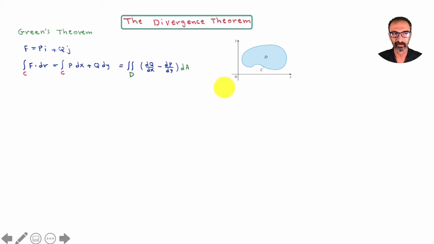The Green Theorem starts on a plane x and y, closed path going counterclockwise.